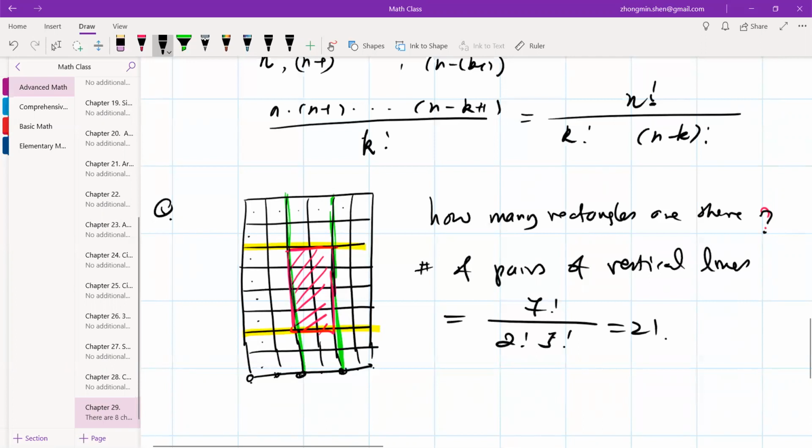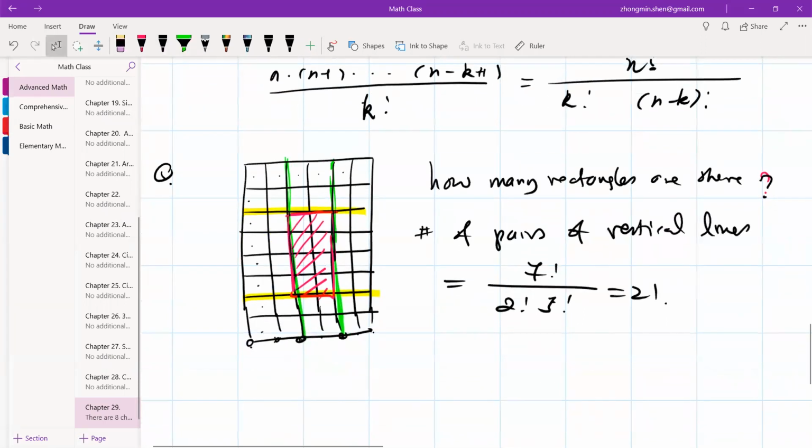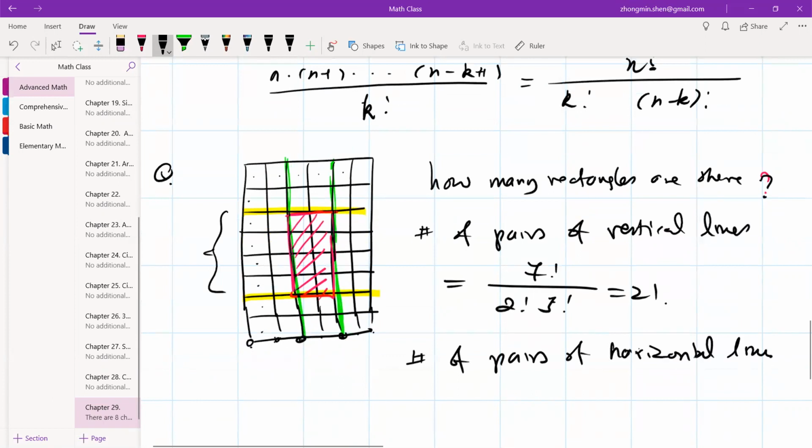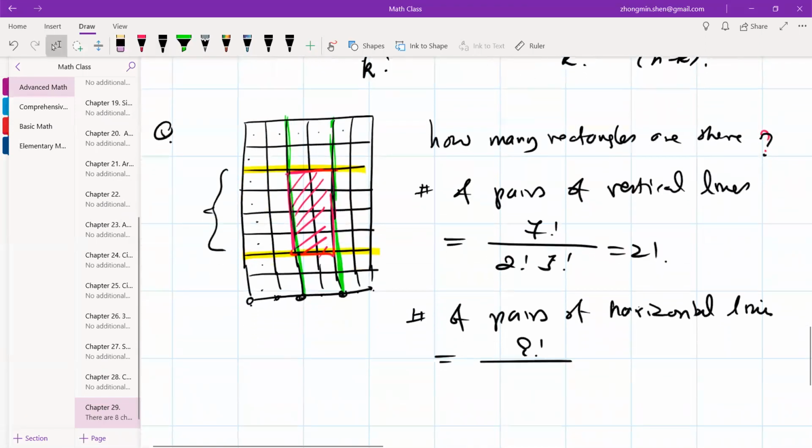That's 21. Then, the same idea: how many horizontal lines are there? The total is 9 horizontal lines, and you are going to select a pair of horizontal lines. That's the second step. So the number of pairs of horizontal lines is 9 factorial over 2 factorial times 9 minus 2, which is 7 factorial.